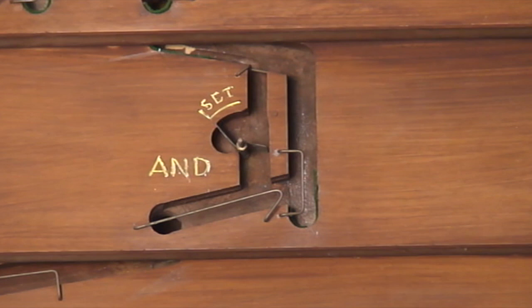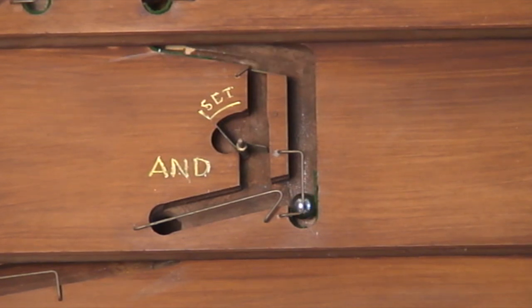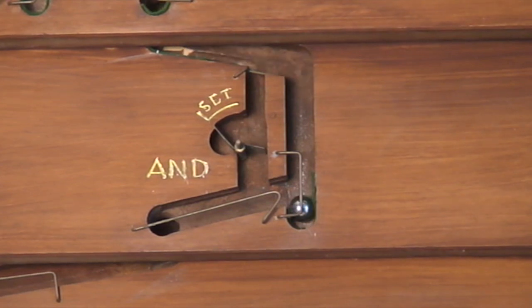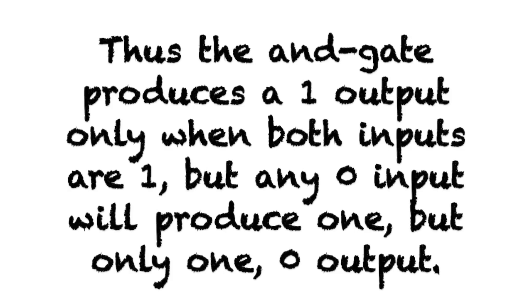A first input of 1 is retained in a hopper, and a second input of 0 passes through. But the hopper can only hold 1 large ball, so a second large ball is allowed to pass through. Thus the AND gate produces a 1 output only when both inputs are 1. But any 0 input will produce 1, but only 1, 0 output.